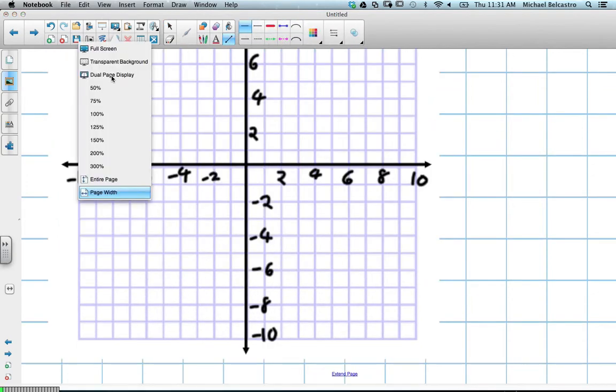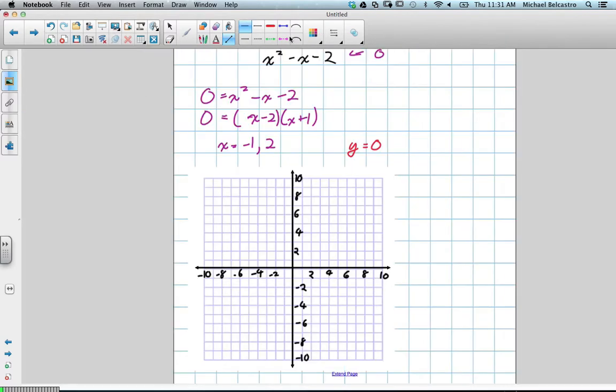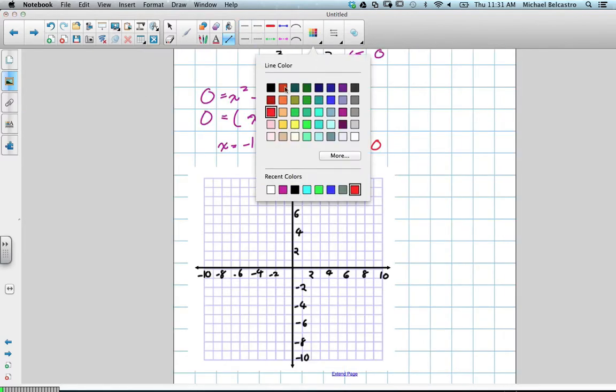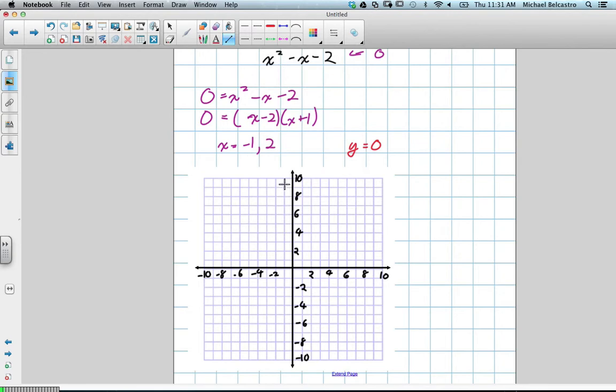Let's zoom out a little just so I can see a little bit. There we go. So at -1, we have a vertical asymptote. At 2, we have a vertical asymptote. And at y equals 0, which is our x-axis, we have a horizontal asymptote. Okay, so that's quite a bit of information to start.